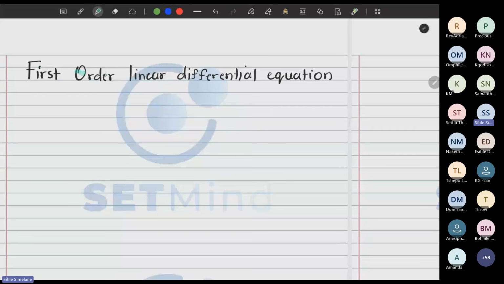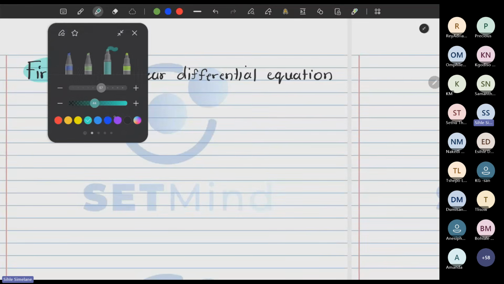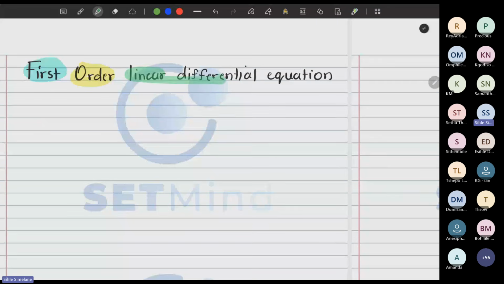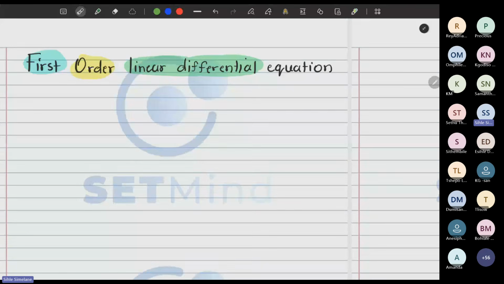So we're looking at, 1, it is a first order. And then secondly, and very important for you guys, it will be a linear differential equation. So you shouldn't go and worry about looking up on the internet and doing problems that are not relevant. You will not deal with non-linear first order differential equations.